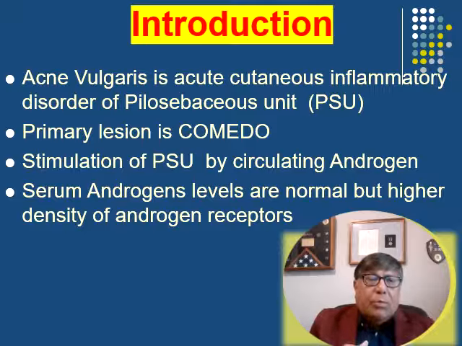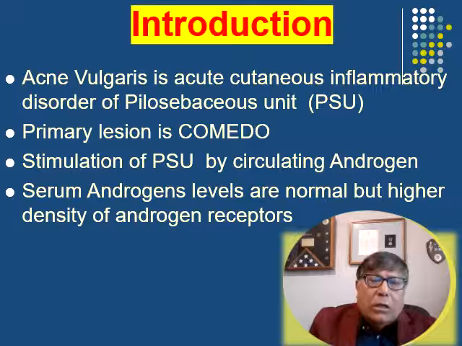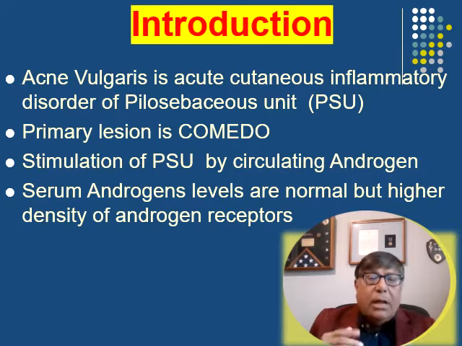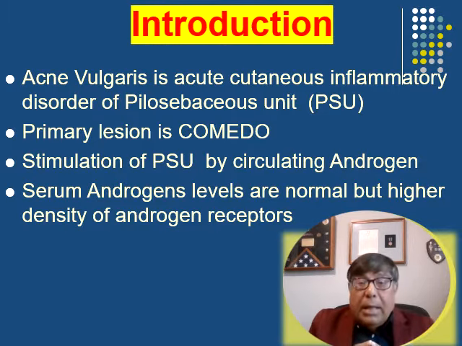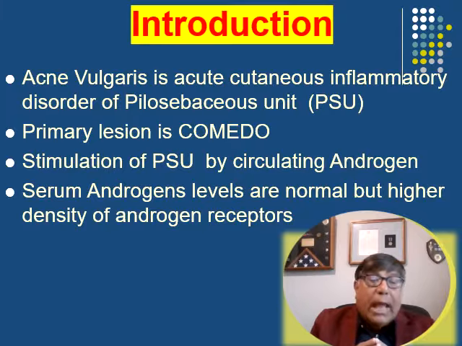This is because of the plugging or blocking of the follicles. That stimulates the formation of what we call a comedo, which is the primary and very beginning lesion of acne.